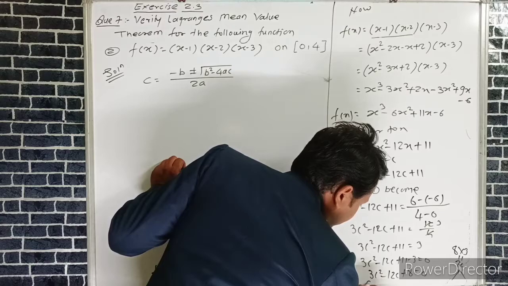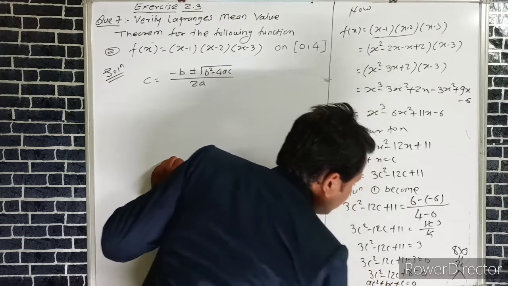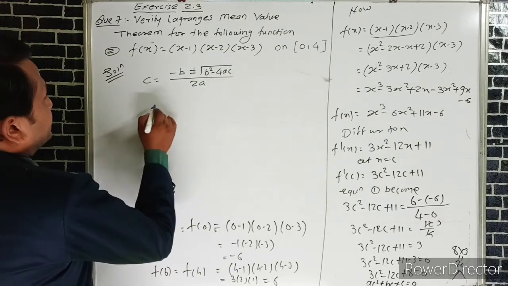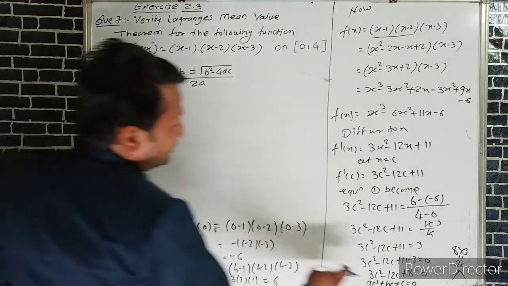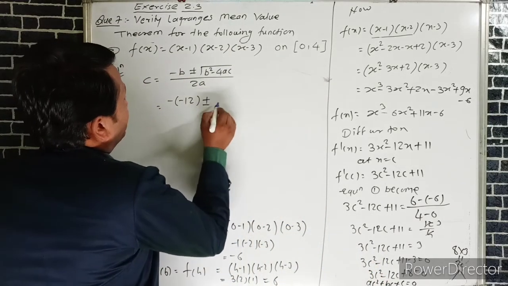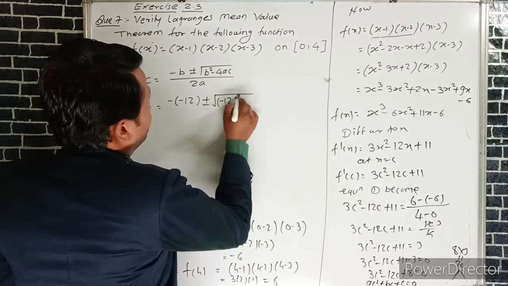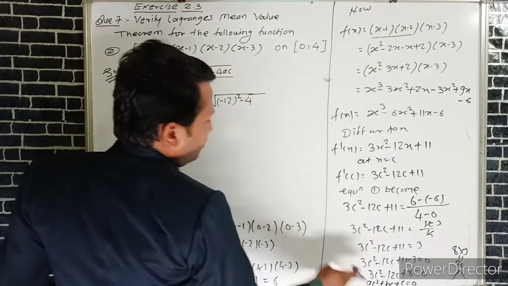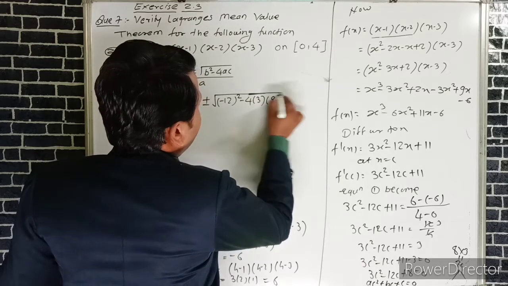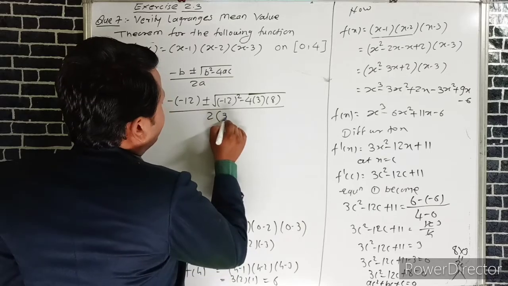If we compare with a c square plus b c plus c equal to 0 and substitute, c is equal to minus b, where the value of b is minus 12, so minus of minus 12, plus minus under root of b square, minus 12 square, minus 4 times the value of a, which is 3, and the constant term, which is 8, upon 2 into a, that is 3.